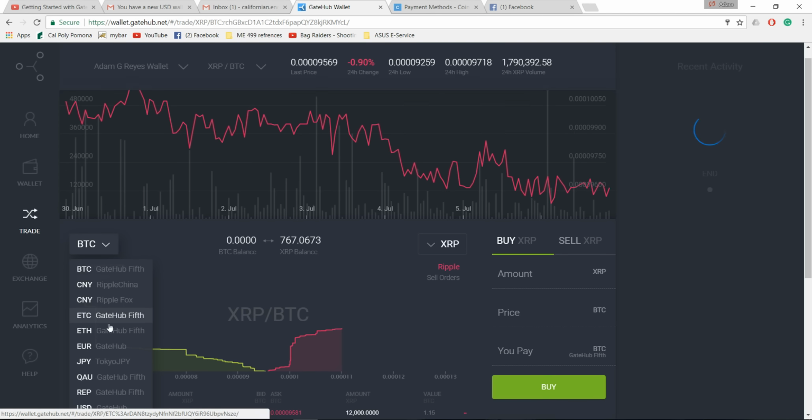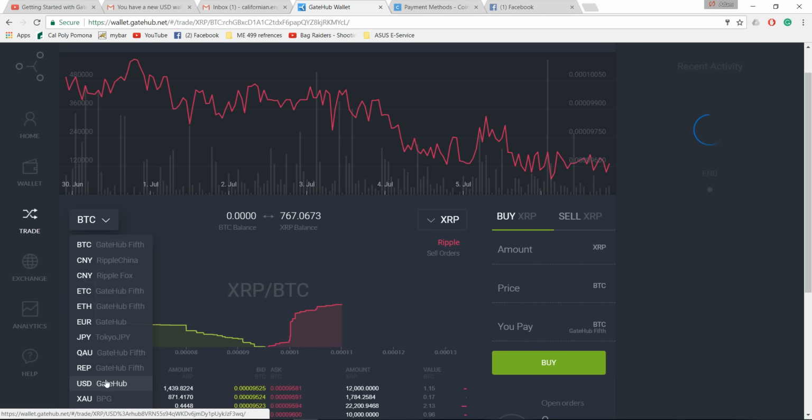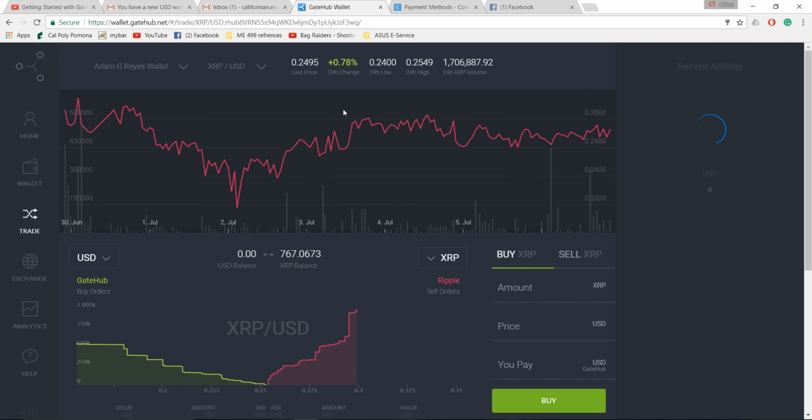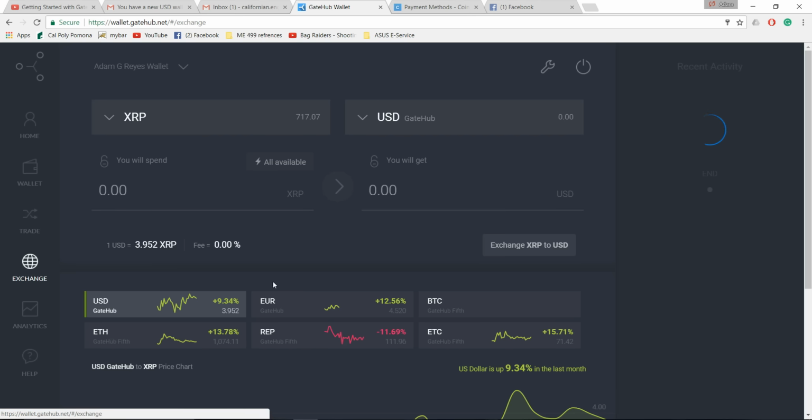You can compare Gatehub's market to the actual exchange, what real people are selling it for. Right now the last trade was at 24.95 cents, and Gatehub is asking for 25 cents. So it's a little bit more expensive.